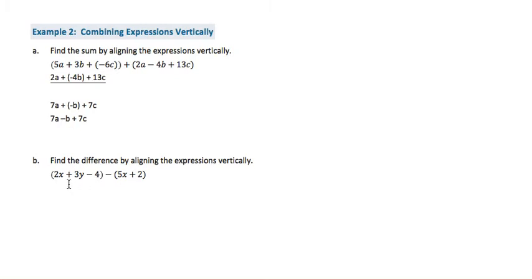And we'll do that one more time with the next expression, 2x plus 3y minus 4. Now, I'm just going to rewrite all of this. 2x plus 3y, and we'll rewrite it as addition plus negative 4.